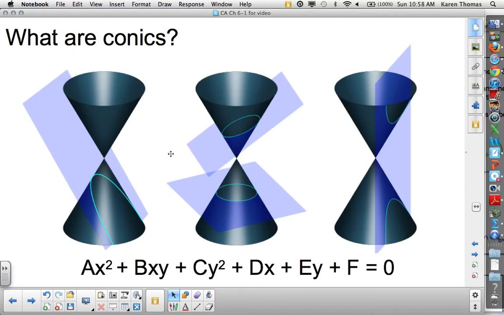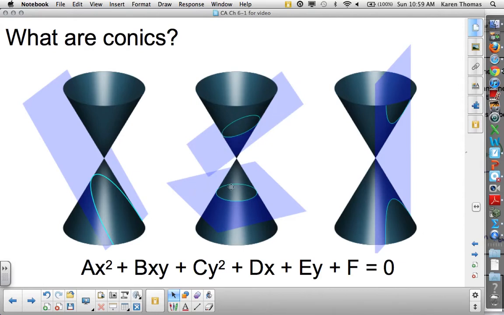as you see here. And when he cut them with planes a variety of different ways, he came up with a parabola if it's cut on a slant. Another way of slanting it, you get an ellipse if you cut it with this purple plane.